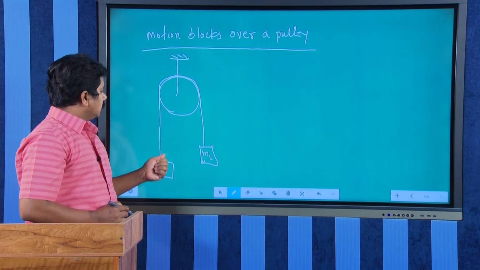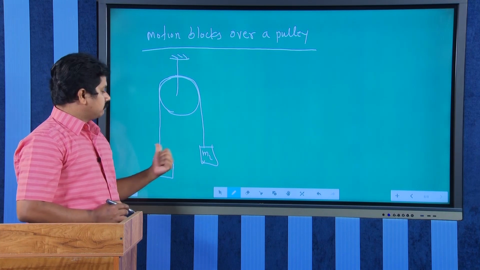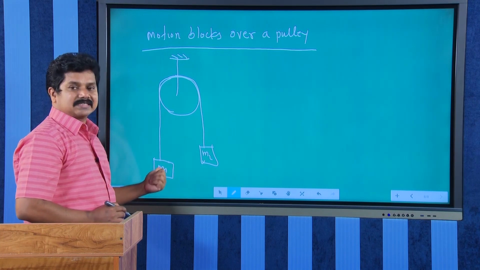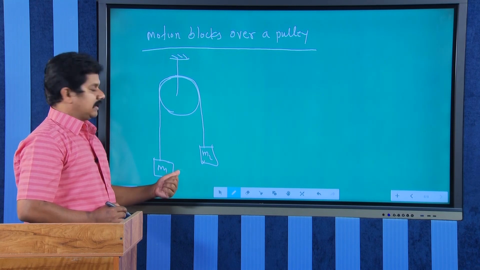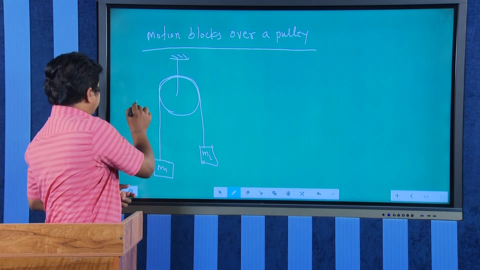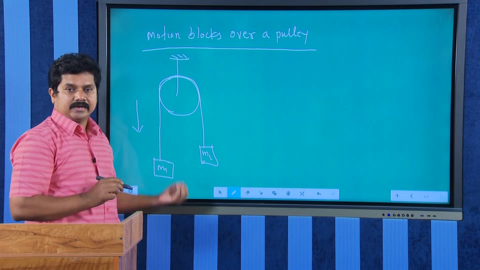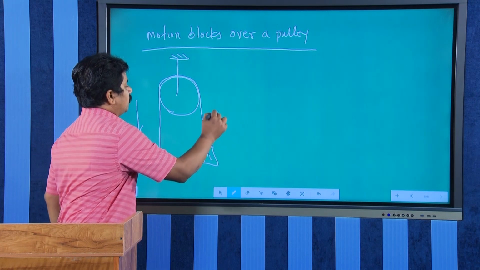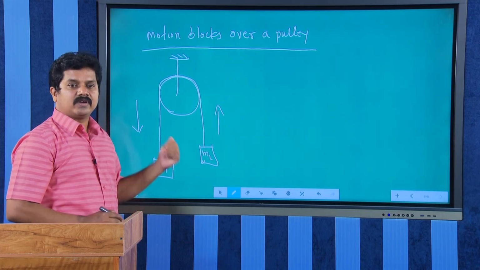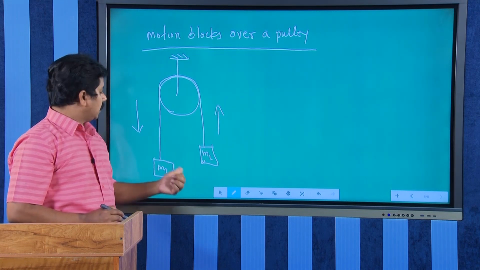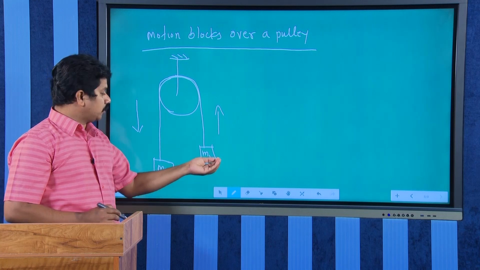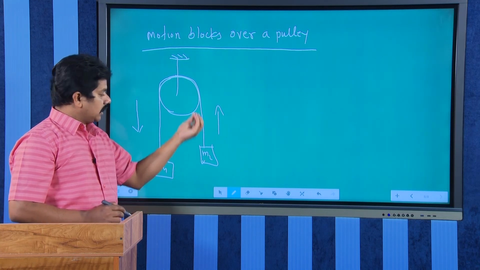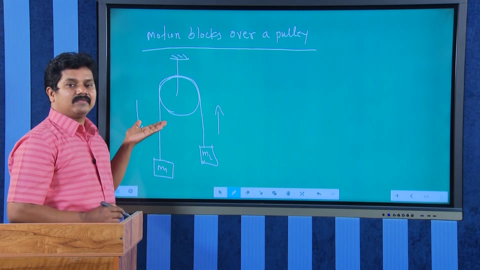Okay. Now, what will happen to these blocks? If M1 is greater than M2, due to its weight, definitely it will slide down, and M2 will move up. If M2 is greater than M1, M2 will move down and M1 will move up.